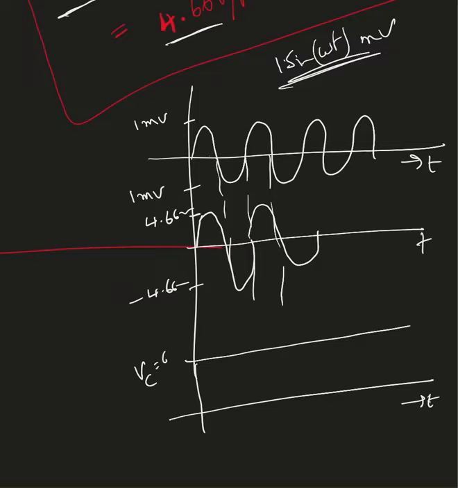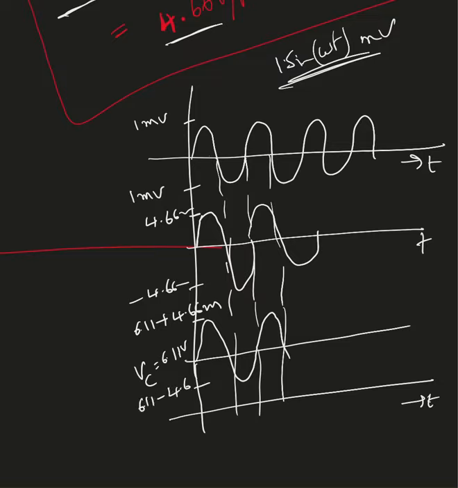VC is 6.11 volt. Now my output is going to vary based on that voltage. So here is my output: 6.11 plus 4.66 milli, so it's not too much difference though, and here is 6.11 minus 4.66 milli. This is my output including the DC value.